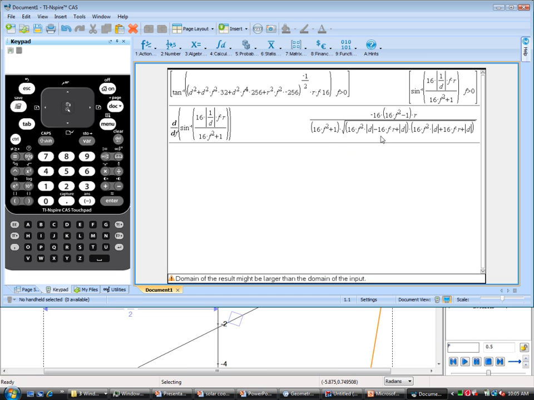And I get this. Now I'd like to find a solution where that expression equals 0 for f. Well, we can solve that by inspection. We don't need to use the algebra system. Because look, on the top line there, we have this term 16f squared minus 1. What would make that 0?